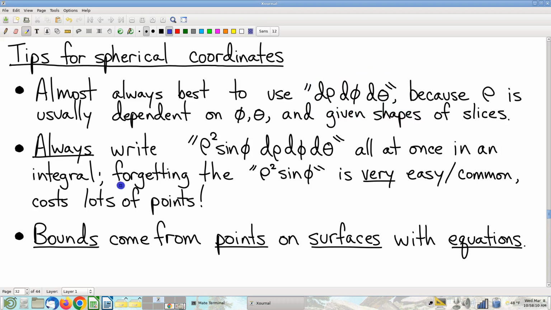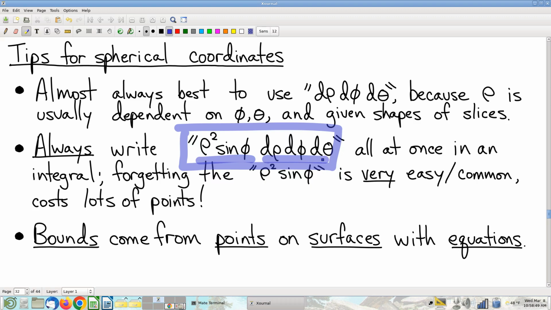Again, don't forget the stretching factor. So important. It's the big multivariable calculus idea. If you forget it, it looks bad. What you've got written on the page just looks naive and wrong. It's wildly wrong and misguided. And I have to grade based on what's written on the page. So it's extremely important. Don't forget the stretching factor, and my hack for not forgetting it is to write it as part of this expression where I have the differentials and I write it down all at once.